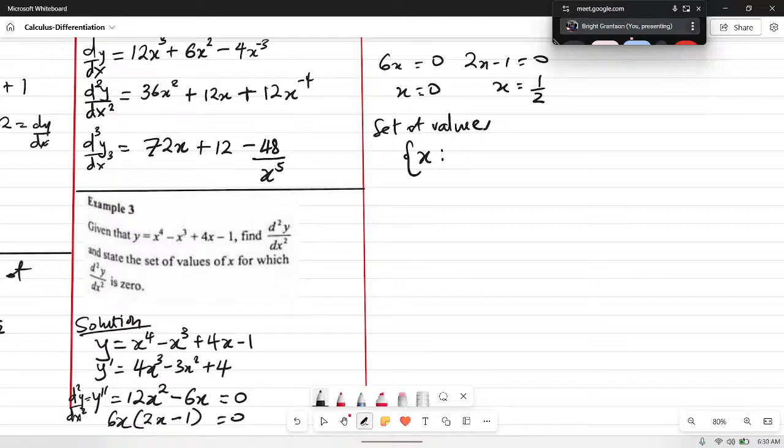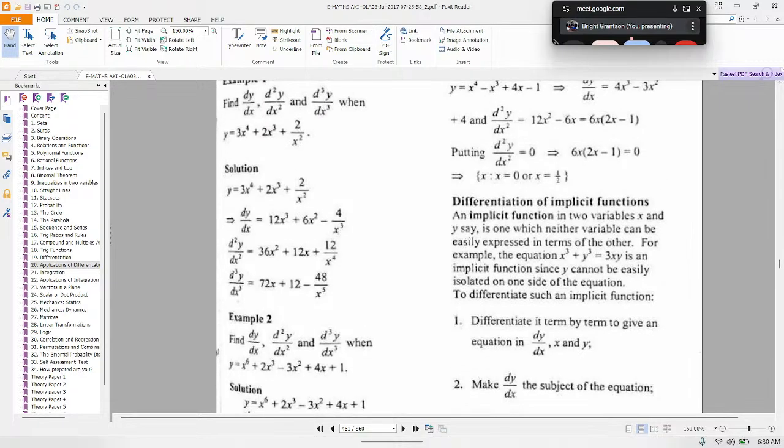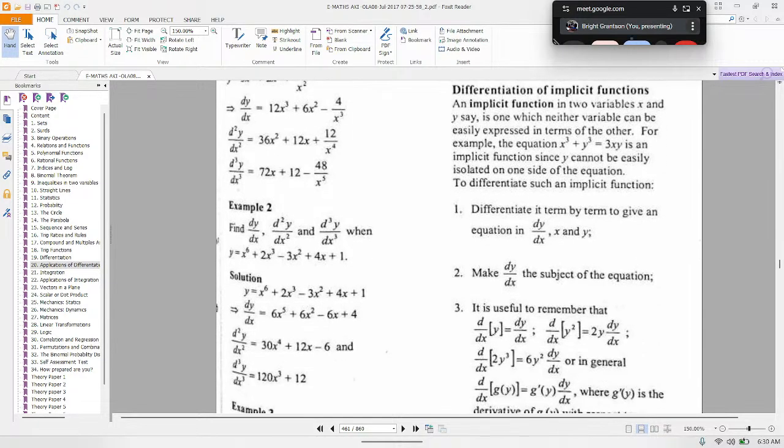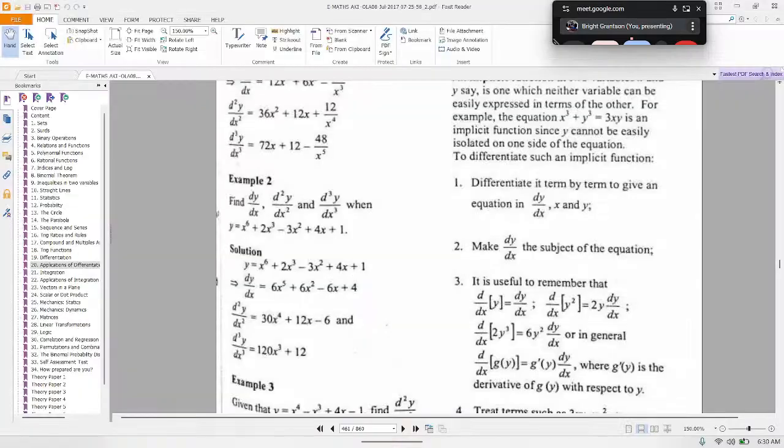So x is such that x equals 0 or x equals half. Meaning when you put 0 there, that function becomes 0. When you put half to it, it becomes 0.